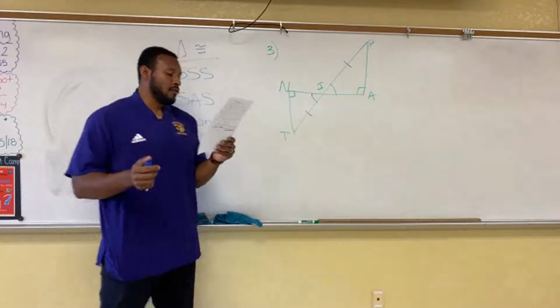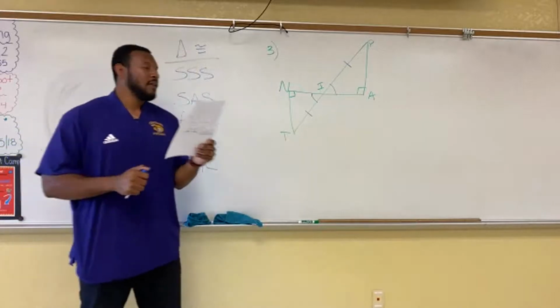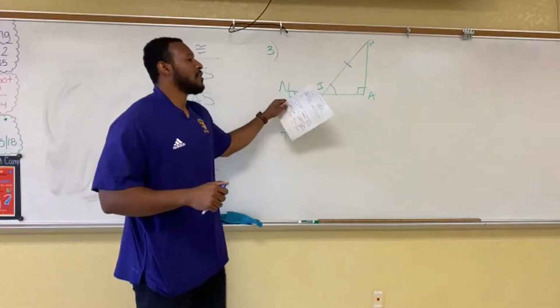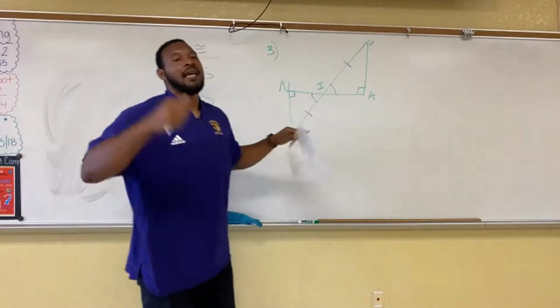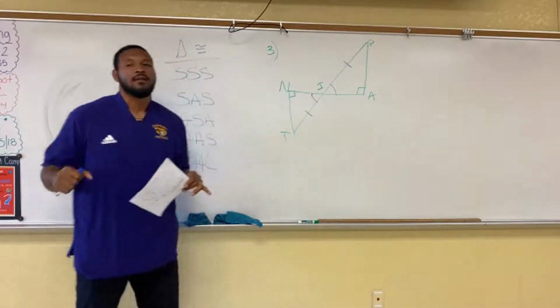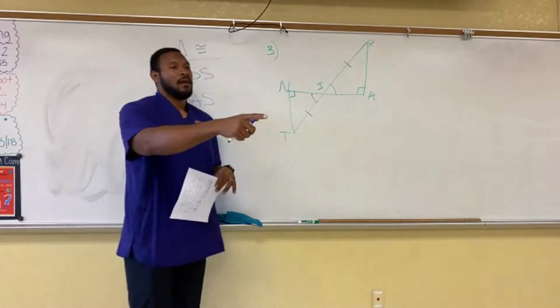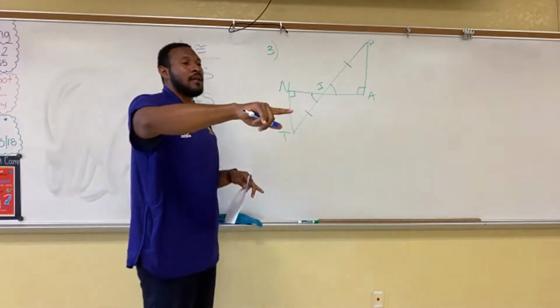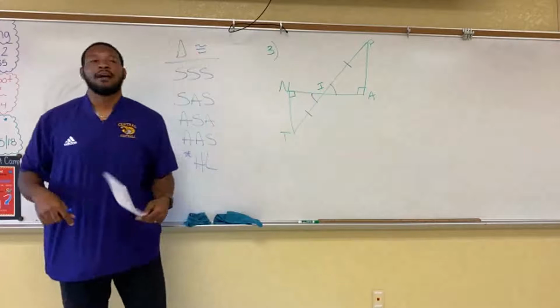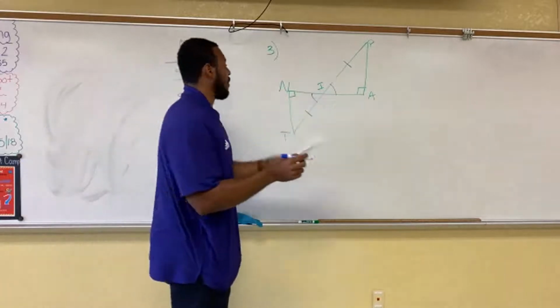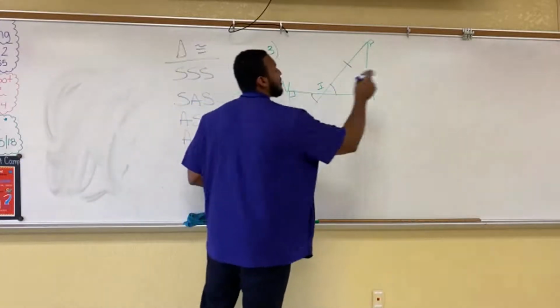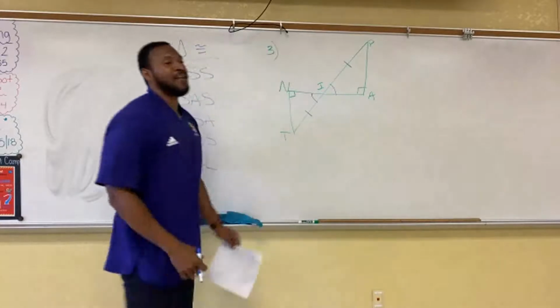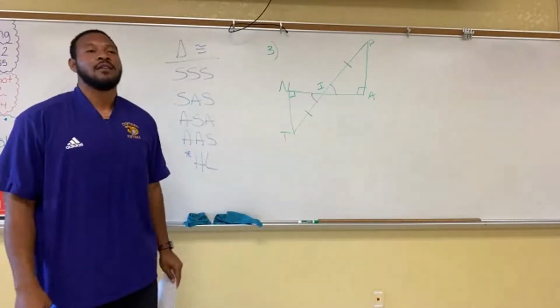Now, number 2. Here's number 2. Angle N is congruent to angle A. Why is angle N congruent to angle A, you think? They're what? The definition of right angles, yeah. So guys, for number 2, the reason why angle N is congruent to angle A is the definition of right angles.